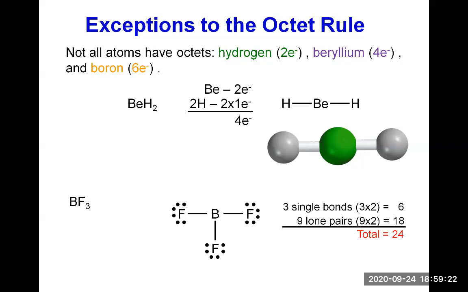And so that's a stable configuration for boron. It only requires 6 electrons around it, and it's stable this way. And so that just shows you the model for BF3.